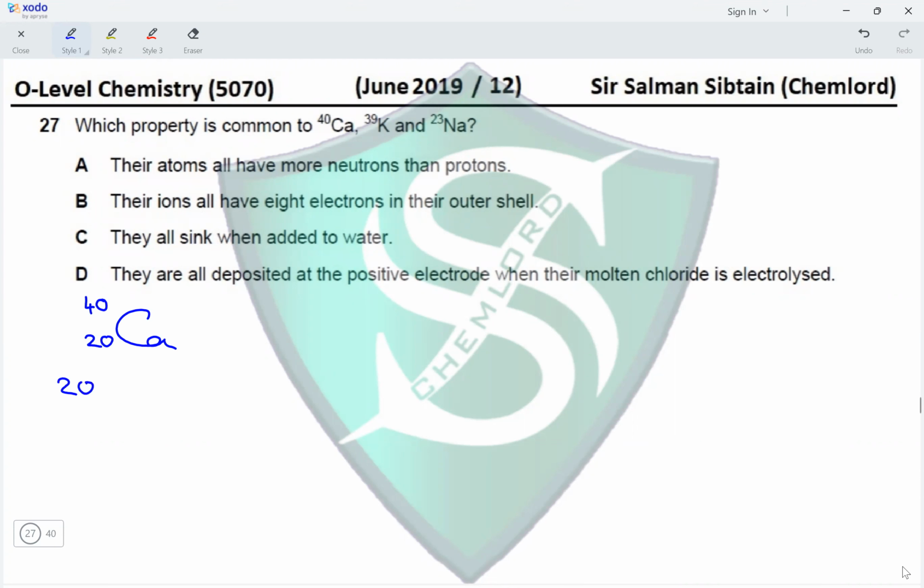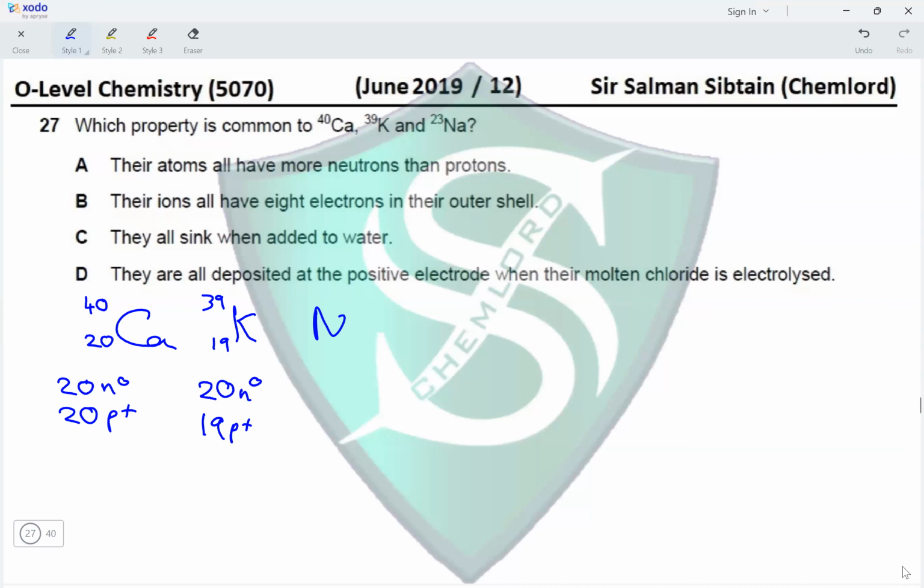This says their atoms all have more neutrons than protons, so 20 neutrons and 20 protons. For potassium, we have 39 and 19. This would give us 19 protons and 39 minus 19 is equal to 20 neutrons. So in potassium, we've got more neutrons than protons.